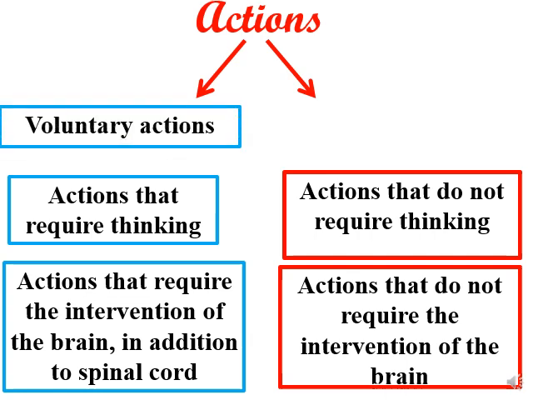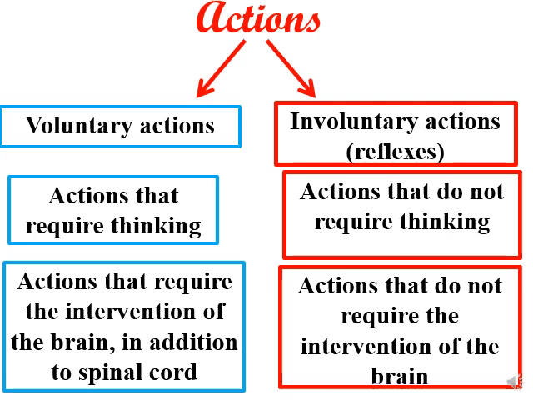Actions that require thinking, that we need to think about before we act them, are called voluntary actions, whereas those that do not need thinking or the intervention of the brain are called involuntary actions, and they are called reflexes from now on. Reflexes, this is the word here.